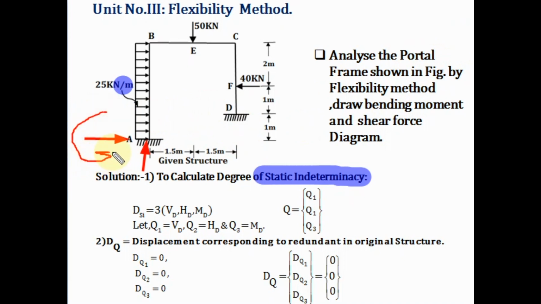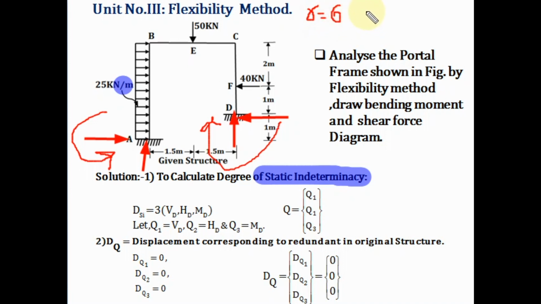In the same way, there will again be 3 reactions at D, and the third reaction will be the moment. So total reactions are 3 at support A and 3 at support D, so the total reaction will be 6.